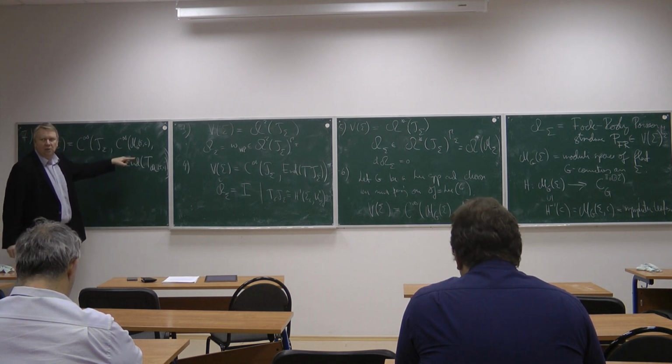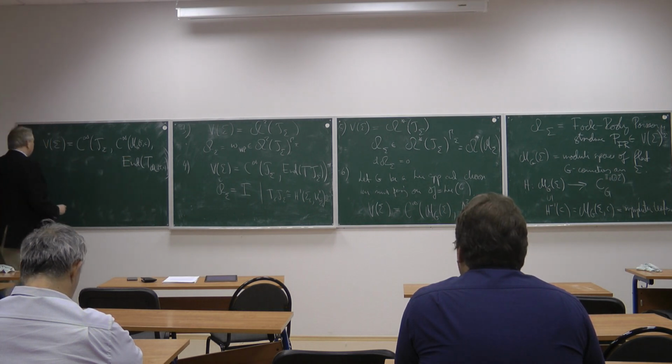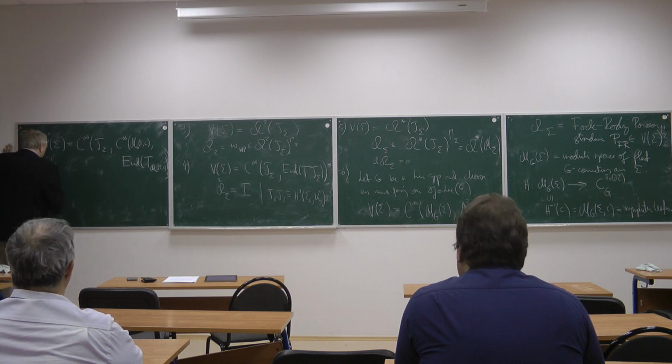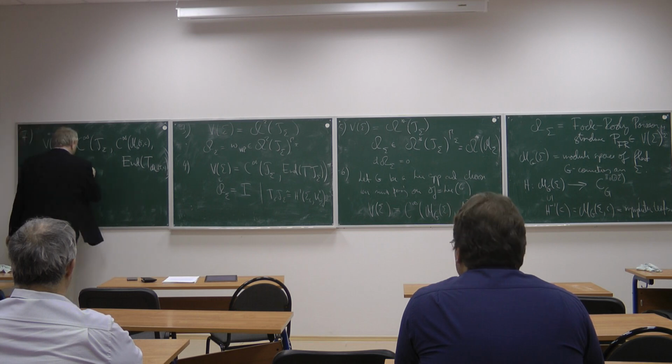This is just what's called the Narasimhan-Seshadri theorem, but in its parabolic normalization. So inside here, I have omega sigma, which is going to be I. So this is the Mirzakhani-McShane.